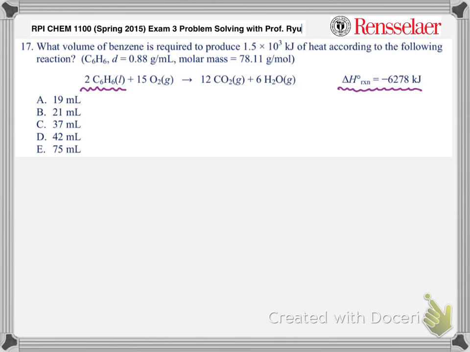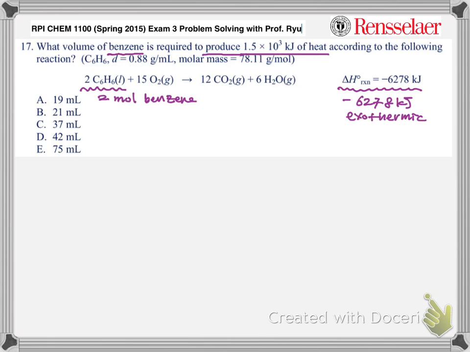So the way that I understand this is, and this is a benzene, there are 2 moles of benzene, when you react, they will generate 6278 kilojoule being produced, and so this is an exothermic reaction, right?